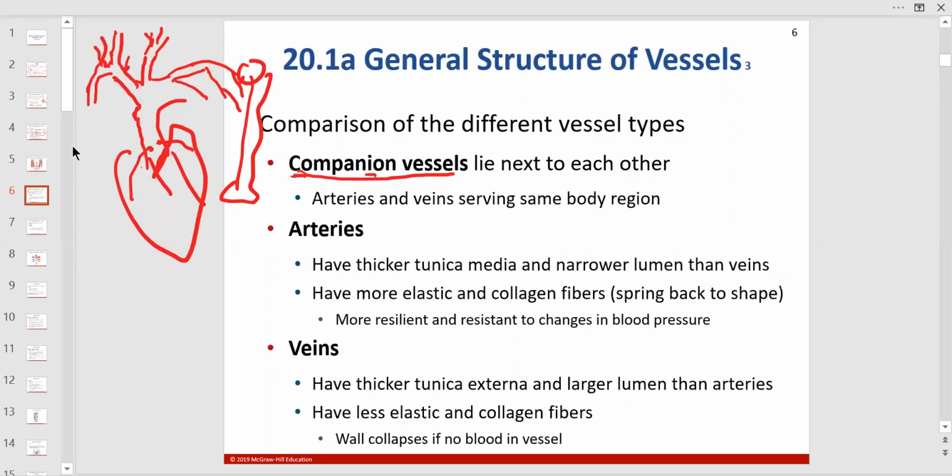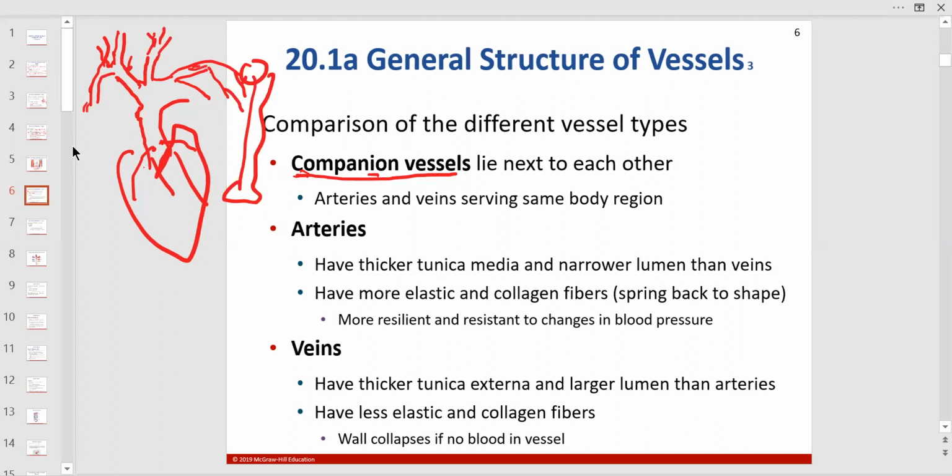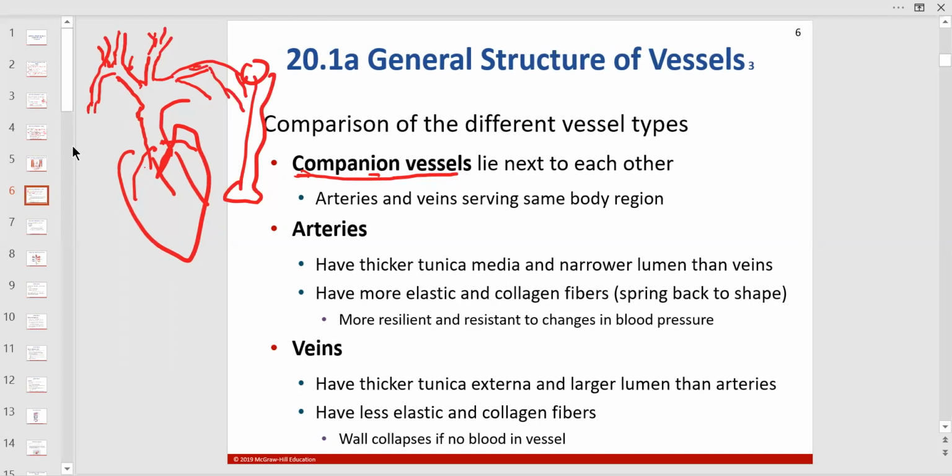And now they pretty much can be compared. You could have your left subclavian artery and your left subclavian vein. And then over here, you have your right subclavian artery and your right subclavian vein coming the opposite direction, going back to the heart towards the vena cava. So these are all arteries I drew here. Like the radial artery, radial vein, brachial artery, brachial vein.